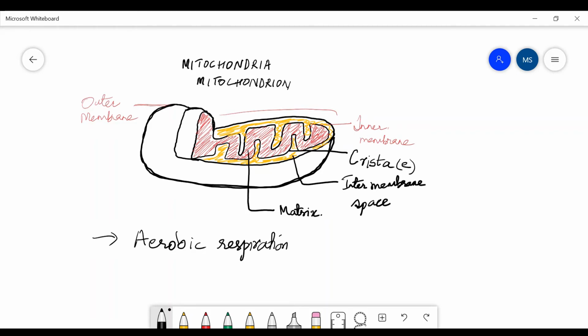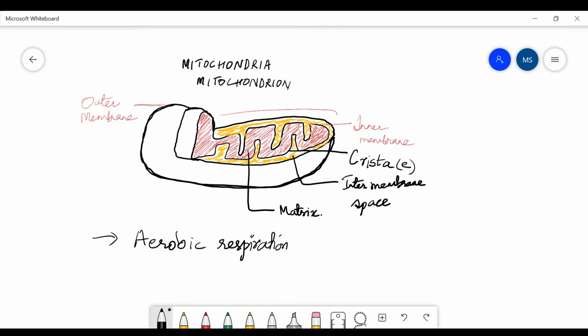That's the major function the mitochondrion performs. Other than this function, the mitochondrion also performs other functions. Before going to the functions, let us see the important components found within the mitochondria.